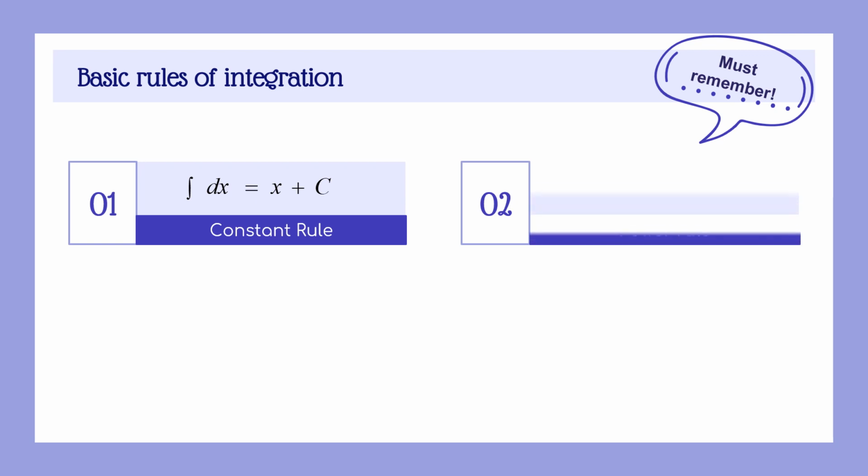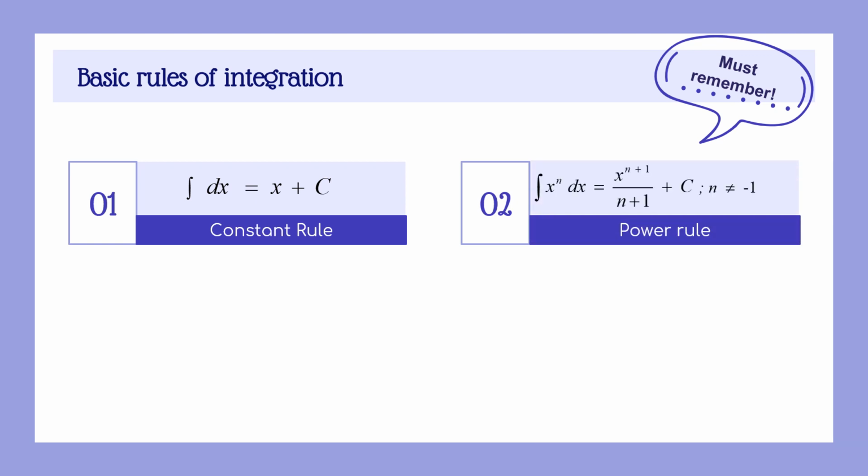The second one is the power rule: integrate x to the power of n dx equals x to the power of n plus 1 over n plus 1, plus c, for n not equal to negative 1. So we can use all n except for negative 1.